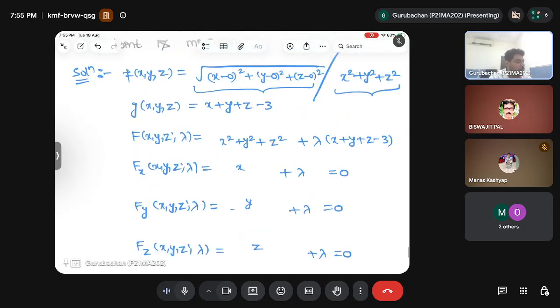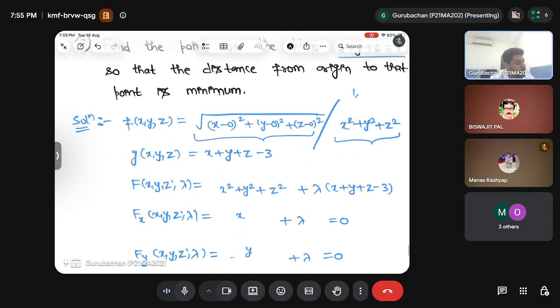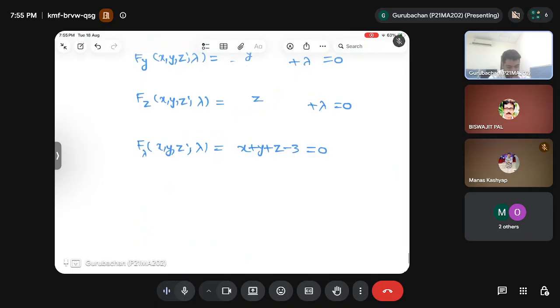Suppose you get the minimum value at (1, 1, 1), so from here it will be 3, and since this is your original equation, it will be under root 3, so obviously it does not matter. So we are just following a smarter approach to get an easier calculation, nothing more than that.